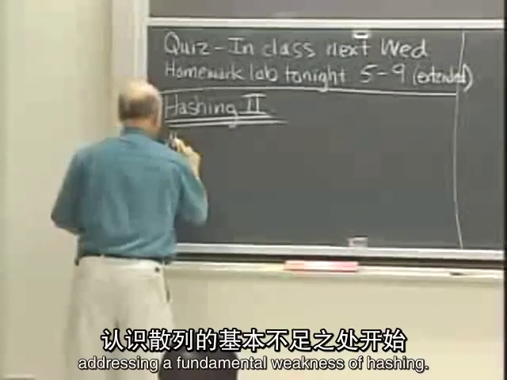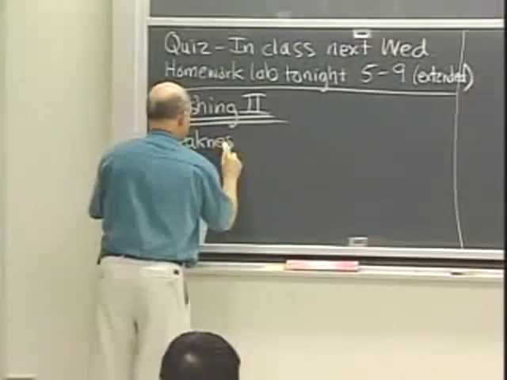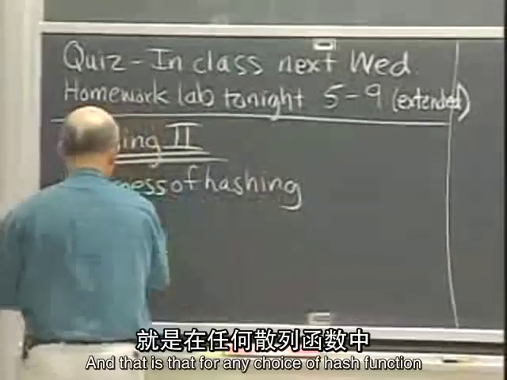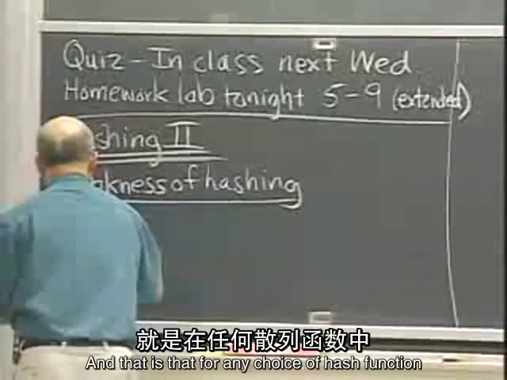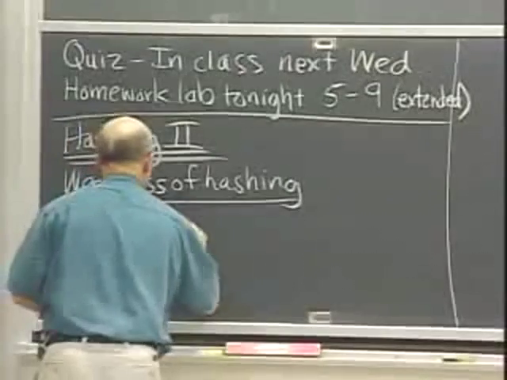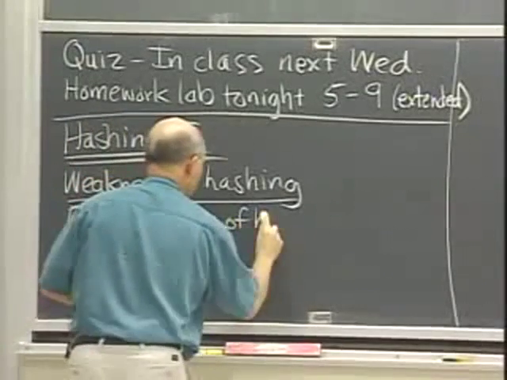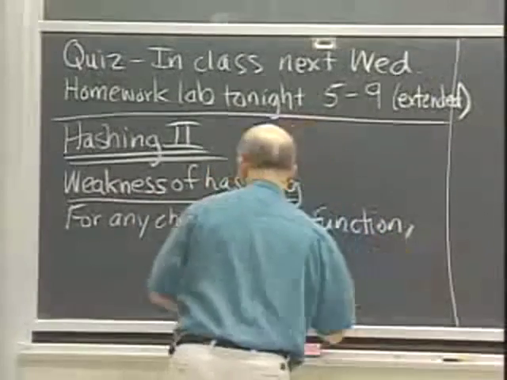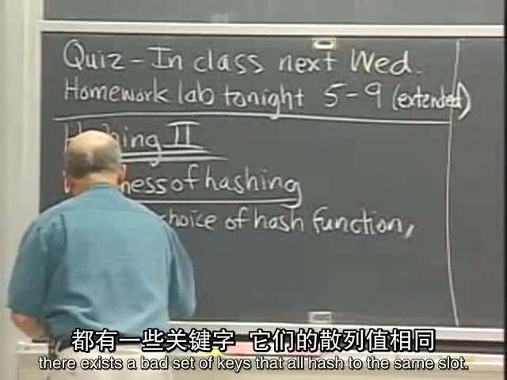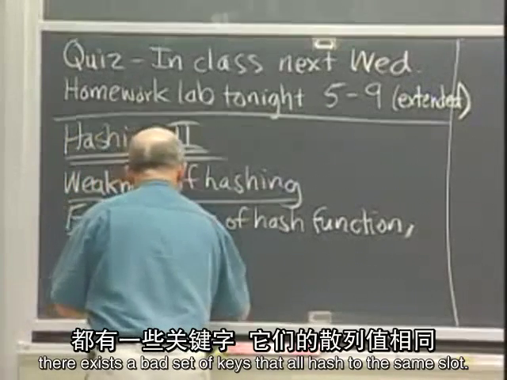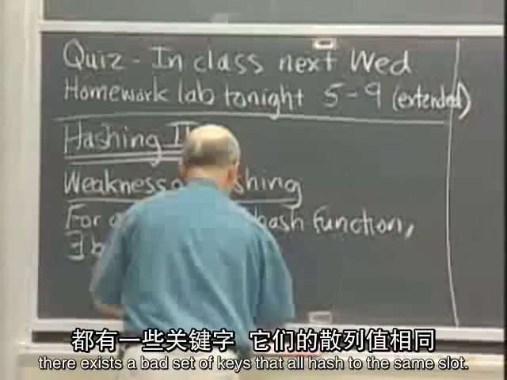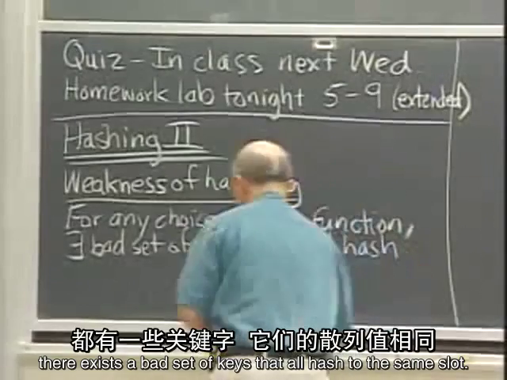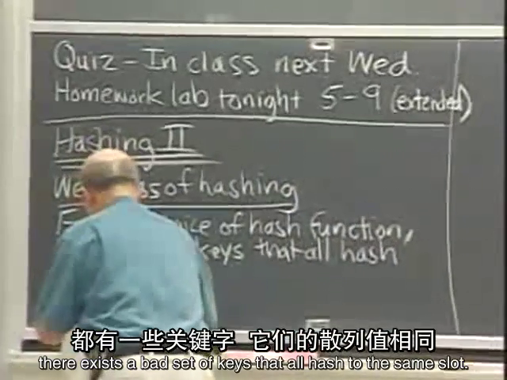So we're going to start by addressing a fundamental weakness of hashing, and that is that for any choice of hash function, there exists a bad set of keys that all hash to the same slot.